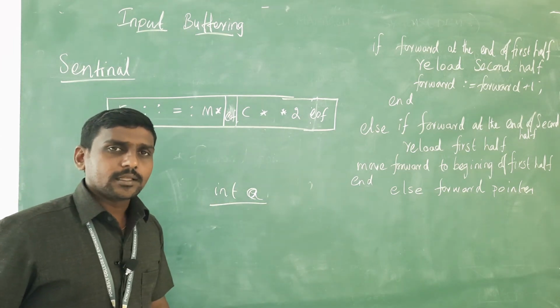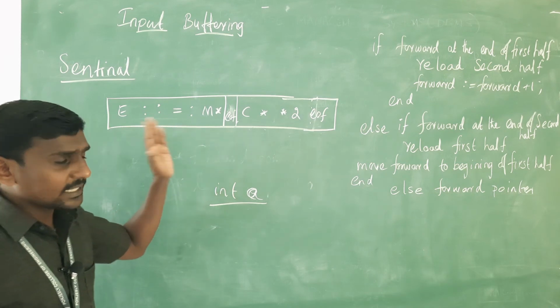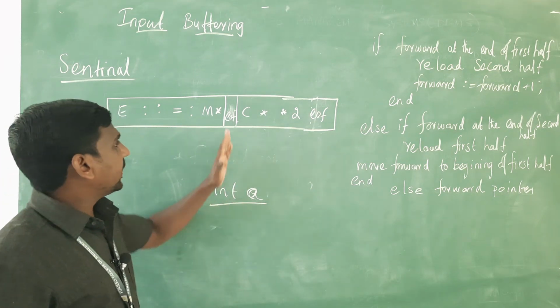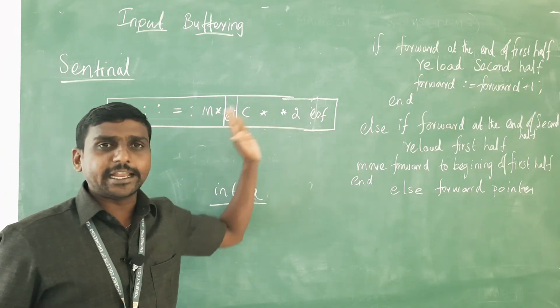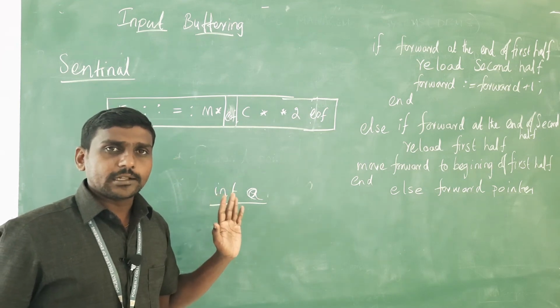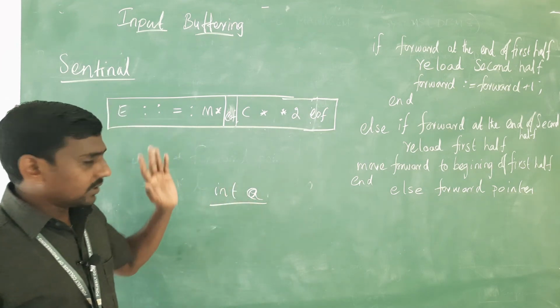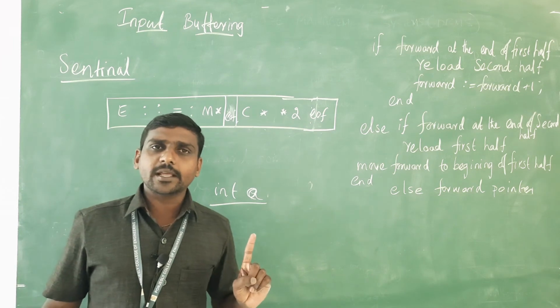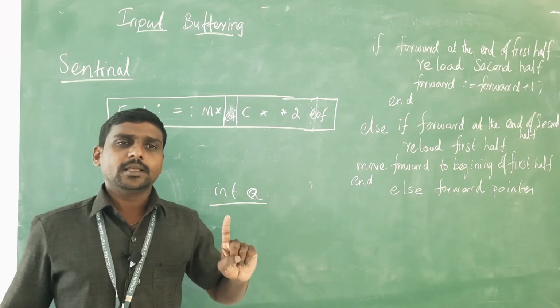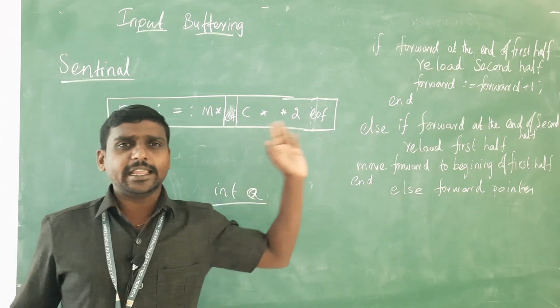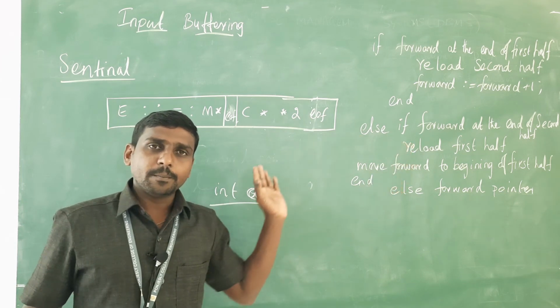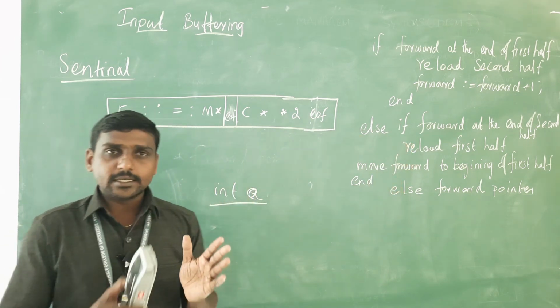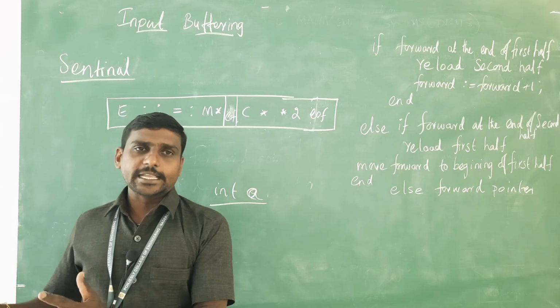Can you understand? Once again, what is the advantage of EOF being present at both ends of the buffer? The simple answer is, in the buffer pair, EOF is present only at the end of the second half. But in sentinels, EOF is present at the end of the first half as well as the second half.